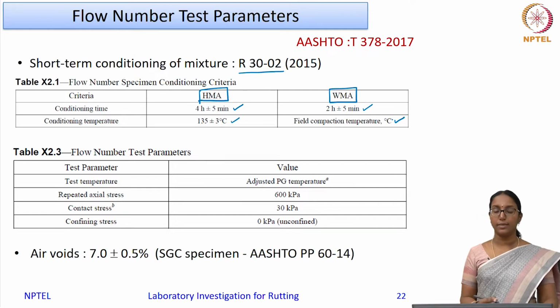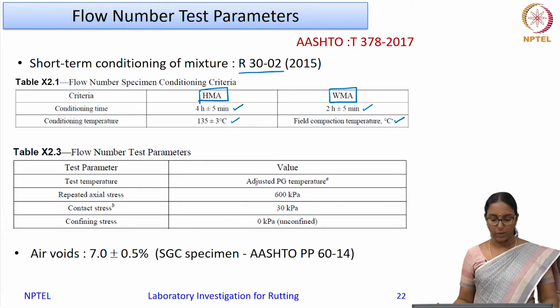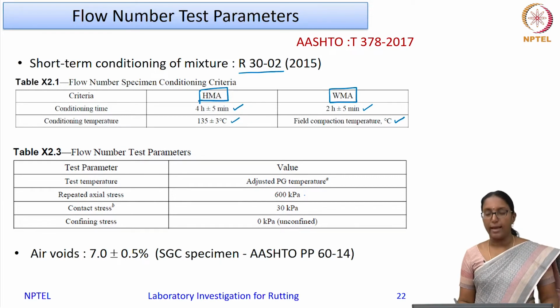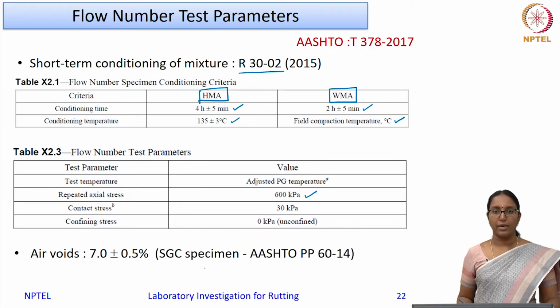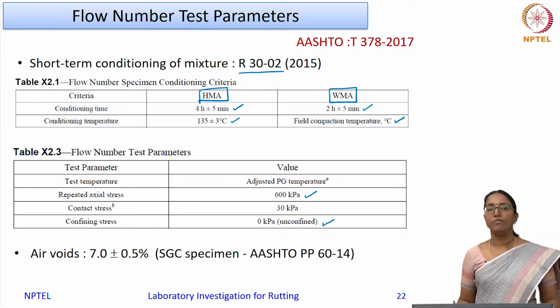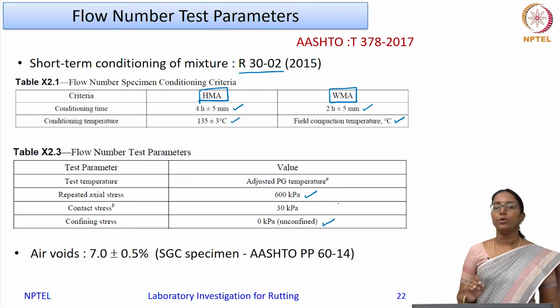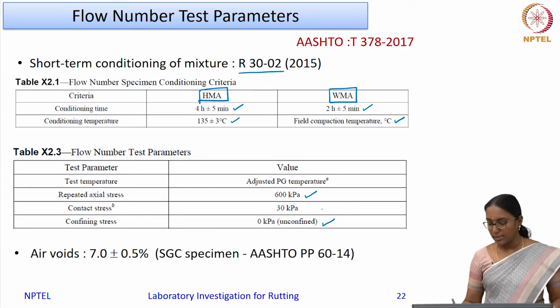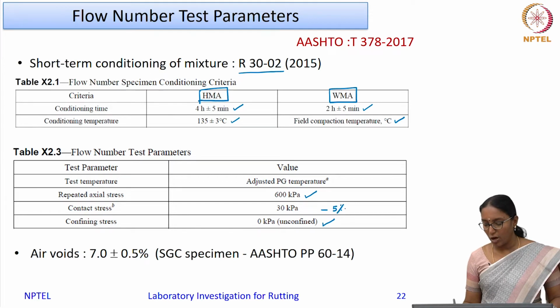We are discussing hot mix asphalt here in this lecture. The test has to be done at a repeated axial stress of 600 kPa, and the latest code says that it has to be done in the unconfined condition. You need not do the test in a confined condition. And the contact stress, as I said, is 5% of the deviator stress.